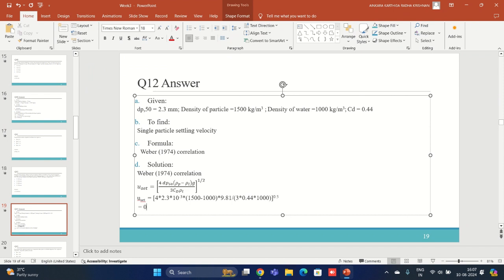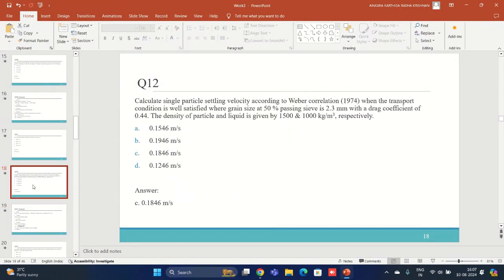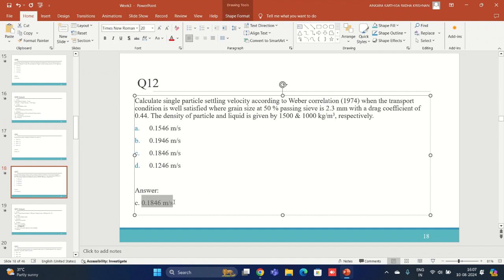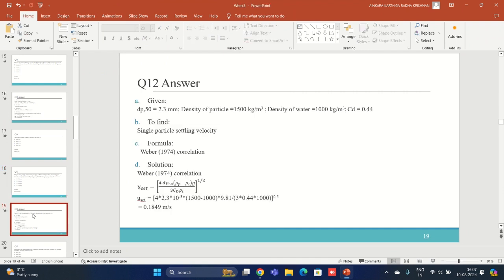We are getting 0.184849 meter per second. So we'll see if it is the right answer. Yes, the answer is right. It is 0.1846 meter per second in the options, and we have got 0.1849 meter per second, so that is almost right.